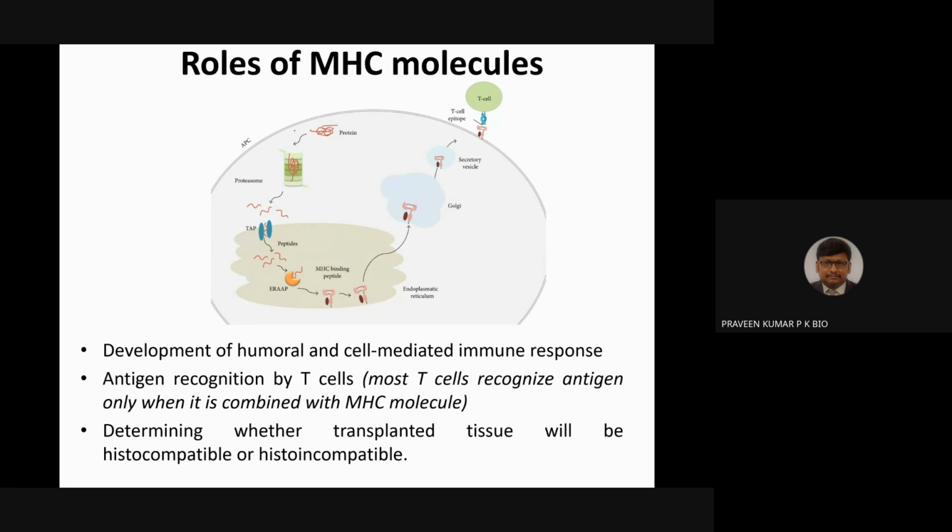I'm just recapping. If any cancer cell is getting inside the cell, what cell is this? This is an antigen presenting cell, mentioned as APC. The examples are dendritic cell, macrophage, or B cell.